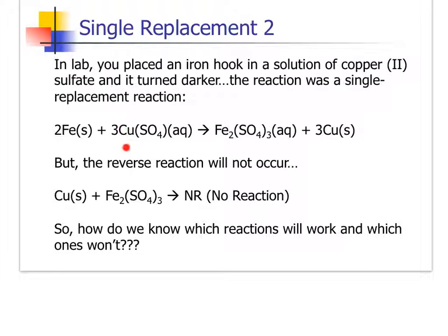What's actually happening here is that the iron hook, in this case, will be our solid reacting with the copper sulfate. Iron is coming out of the solid and becoming a solution, and what's being replaced as a solid is the copper, and that's actually what's forming on that iron hook or iron staple.